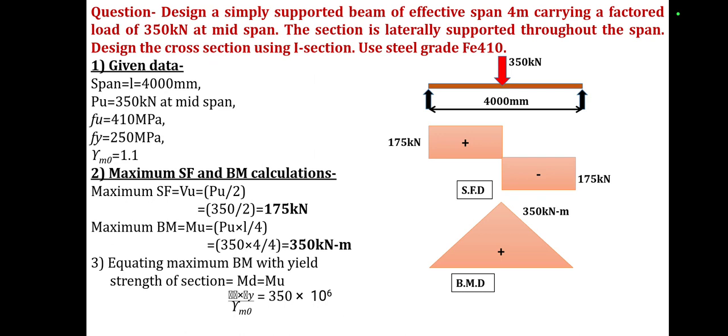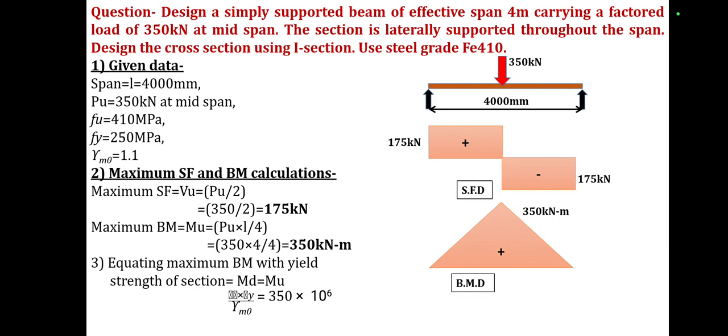So Md equals Mu, and therefore we calculate the Zp required, which equals Mu into gamma M0 divided by Fy. Here the value of Mu is 350, gamma M0 is 1.1, and therefore the Zp required is 1.54 into 10 raised to 6 mm cube.